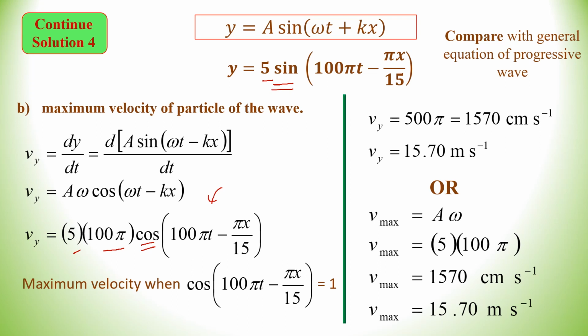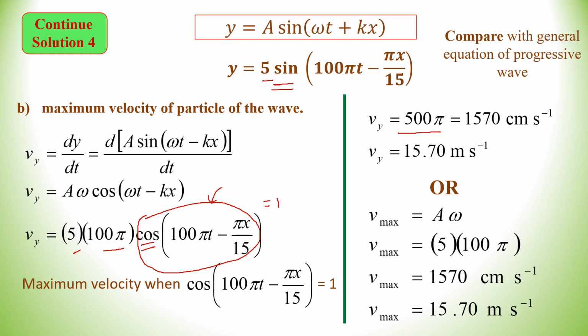The velocity is maximum when cos(100 pi t minus pi x over 15) is equal to 1. And so your answer will be 500 pi, which equals 1570 centimeter per second.